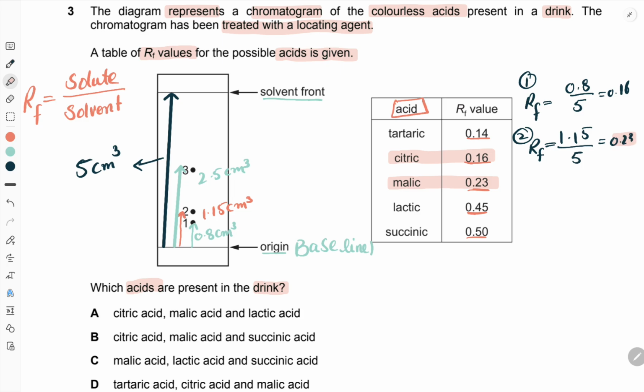And the third spot, the distance traveled by the third spot is 2.5, as you can see, over the distance traveled by the solvent, which is 5. So the answer is 2.5 divided by 5. The answer is 0.5, which means this is succinic acid.